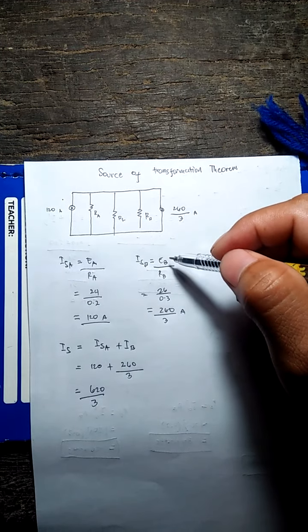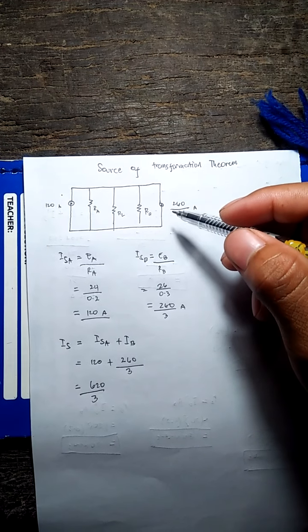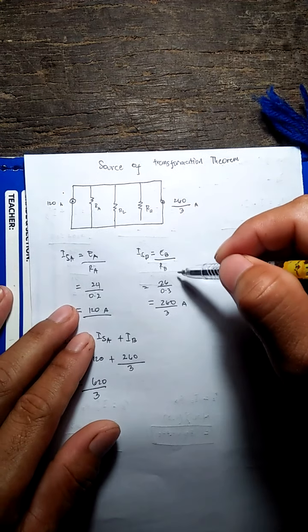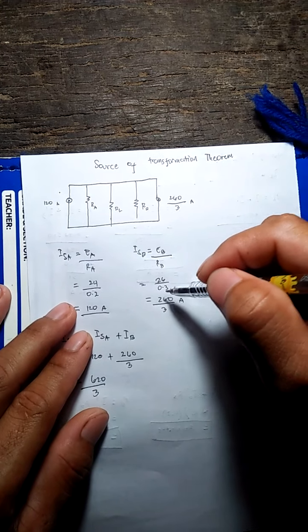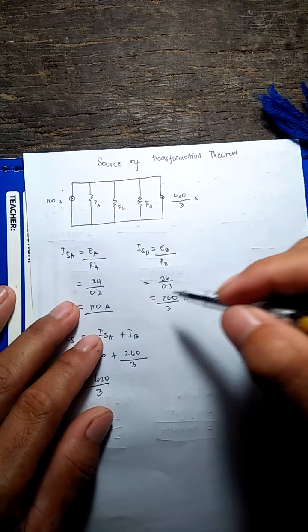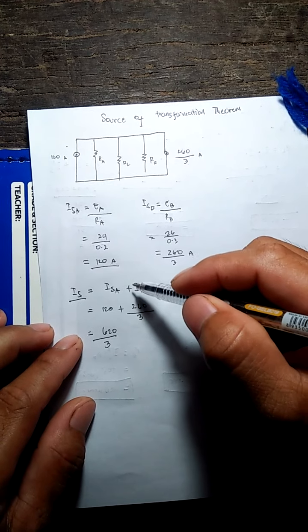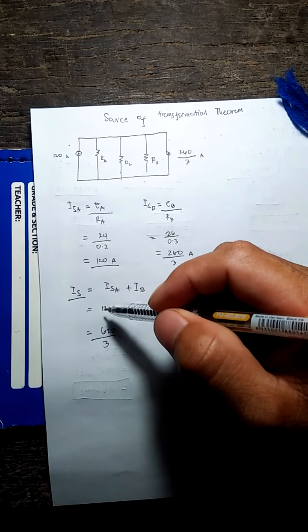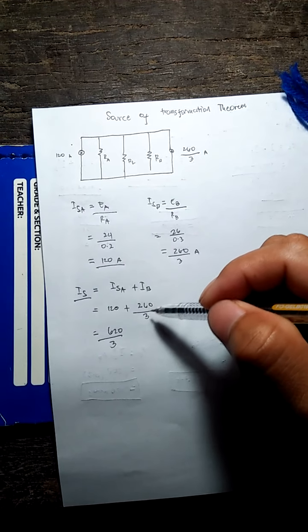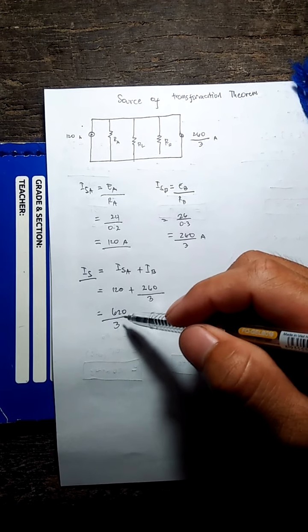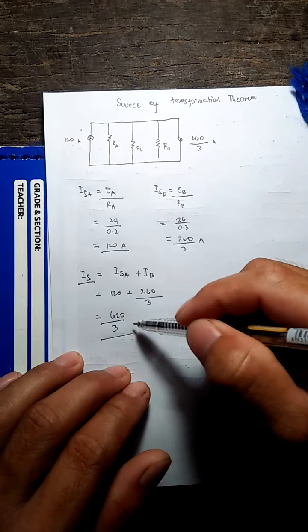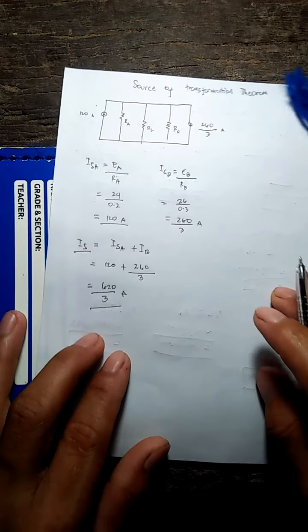Then ISB, the current source letter B, is EB over RB, which is 26 over 0.3, or 260 over 3 ampere. So solve for IS: ISA plus ISB will be equal to 120 plus 260 over 3, which is equal to 620 over 3. So this is our current source.